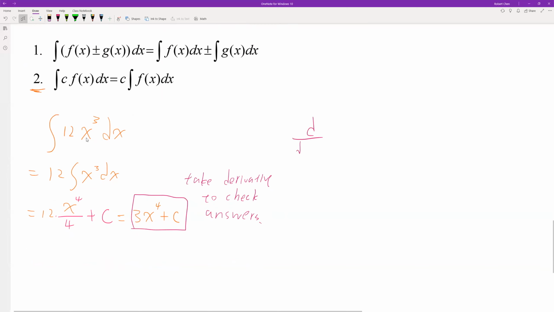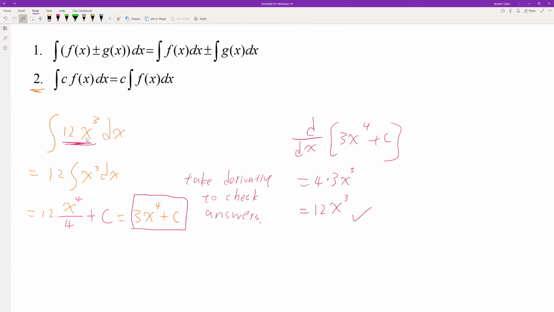If we take the derivative of 3x to the fourth plus c, first bring down the power, so 4 times 3x, decrease the power by 1, that's a 3. And the derivative of a constant is 0, so we don't have to worry about that. That gives us 12x to the third power, which corresponds to our original integrand. And that means we have the correct antiderivative. Now, of course, don't forget the plus c.